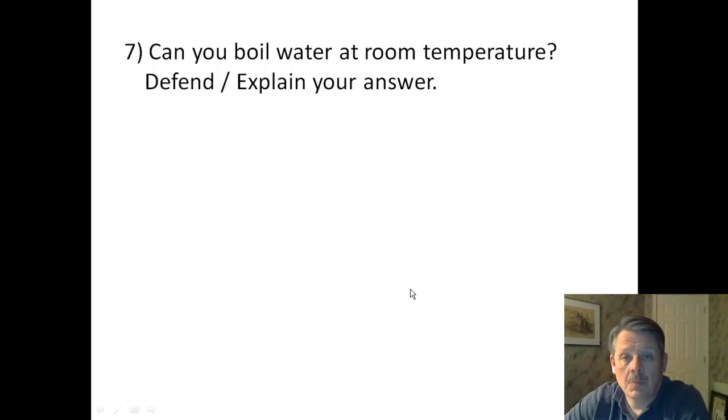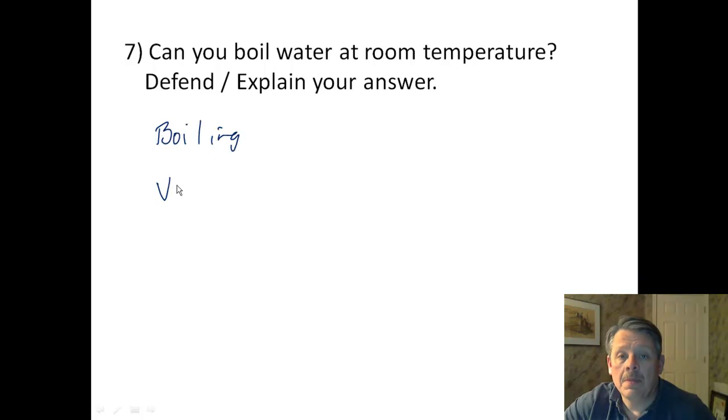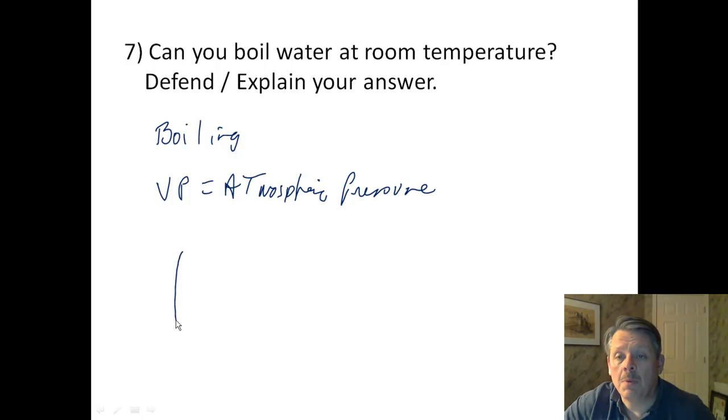All right. Can you boil water at room temperature? We showed you this with the bell jar. We definitely can. And why is that? Because boiling is defined as when the vapor pressure equals the atmospheric pressure. If you remember, we put water inside a bell jar.